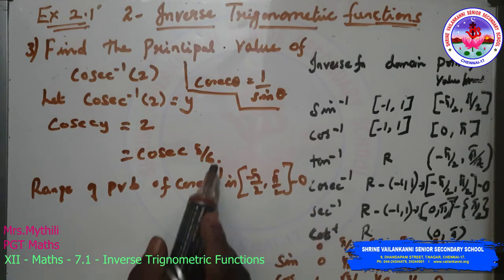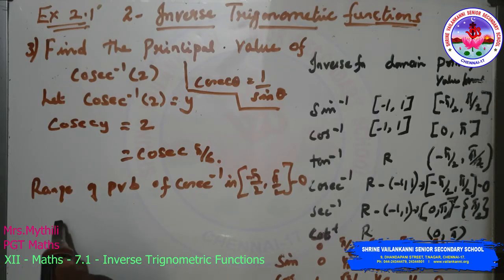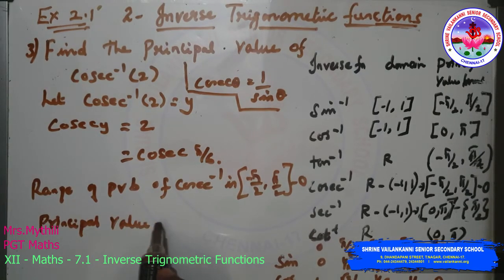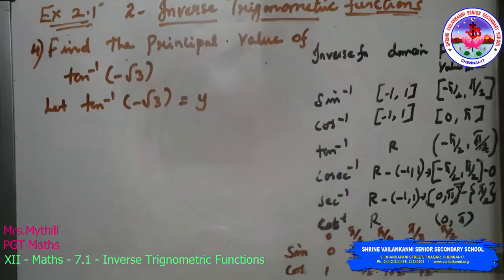We have to check whether this value lies in between these intervals. So pi by 6 lies in between minus pi by 2 and pi by 2. Therefore the principal value of cosecant inverse of 2 equals pi by 6.